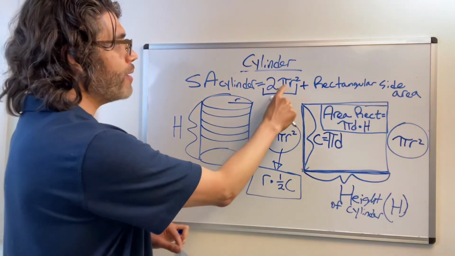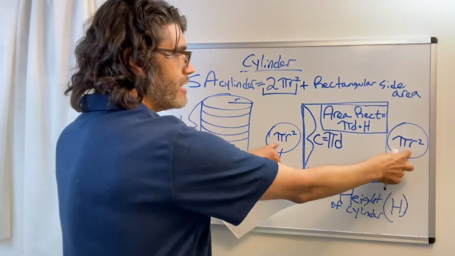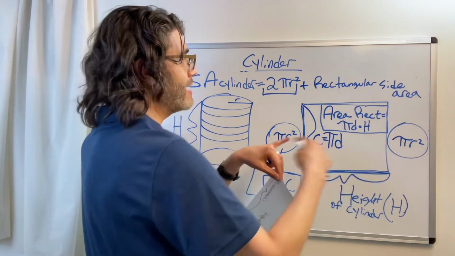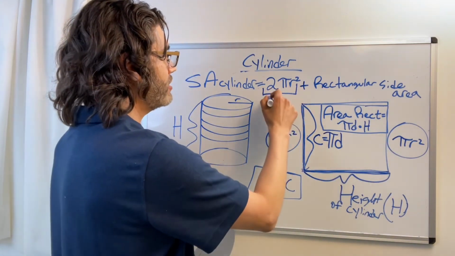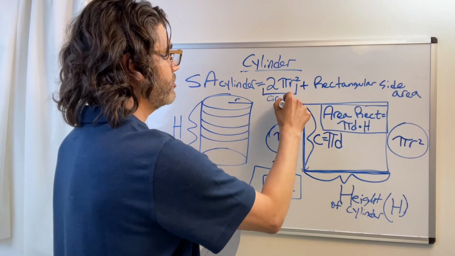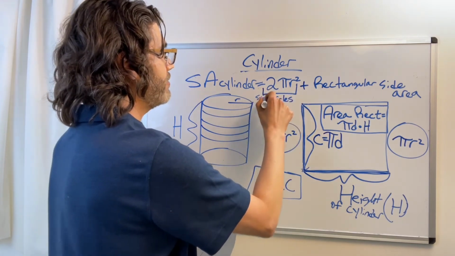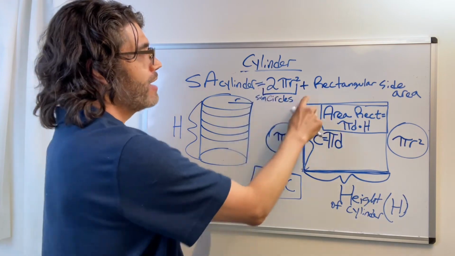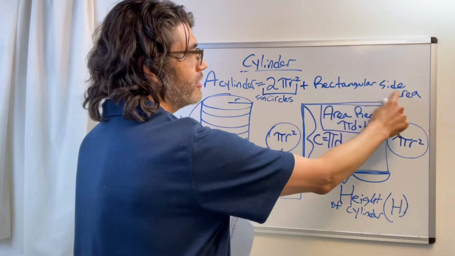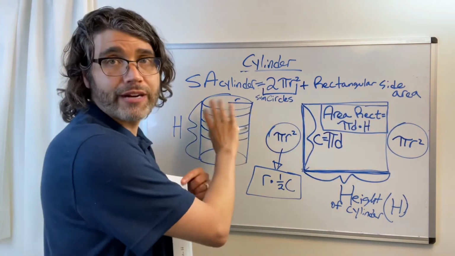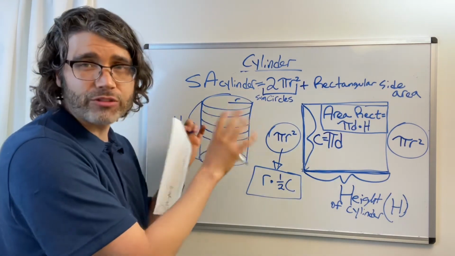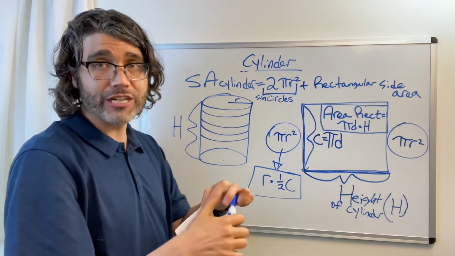So we have 2 pi r squared, meaning the sum of these two circles added together. So this is the sum of the circles, that's how we get this part, plus the rectangular side area, this lateral area. Remember, side means lateral, so I'll use the word lateral interchangeably with side.